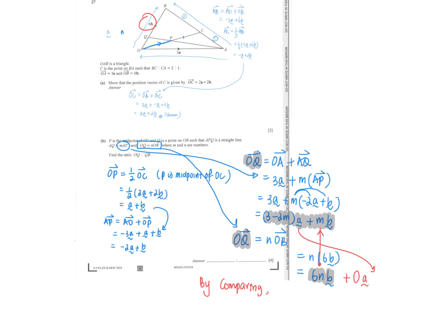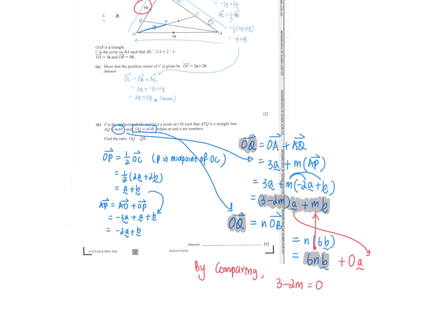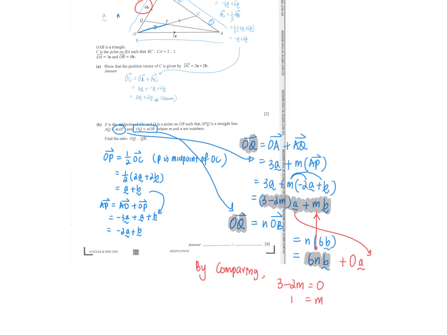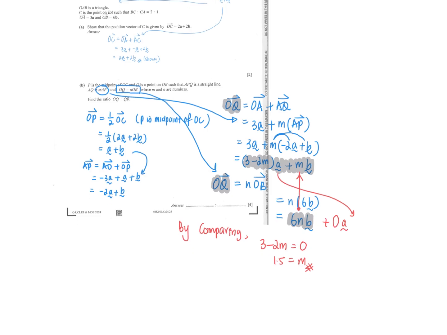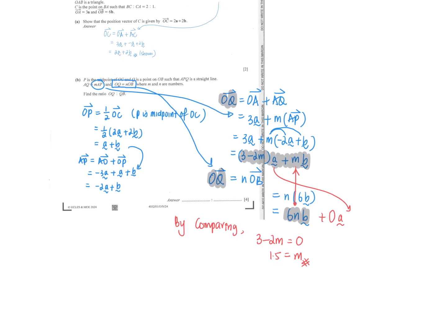So 3 minus 2M must be equal to 0, so M is 1.5, which is 3 divided by 2. If you compare the B, M must be equal to 6N.